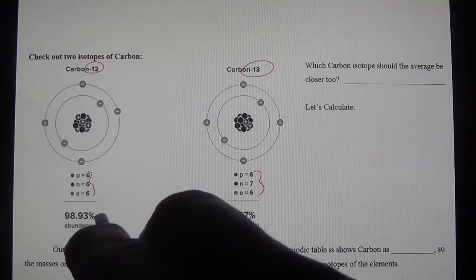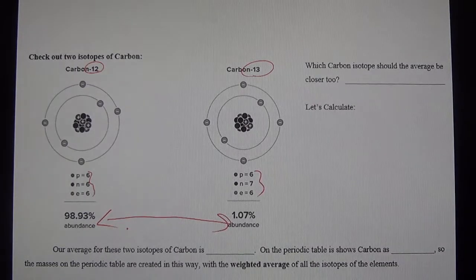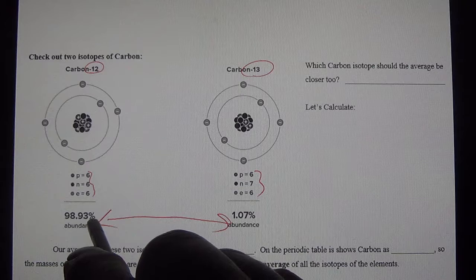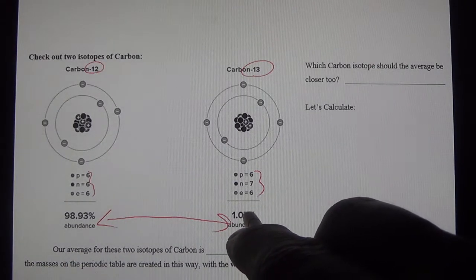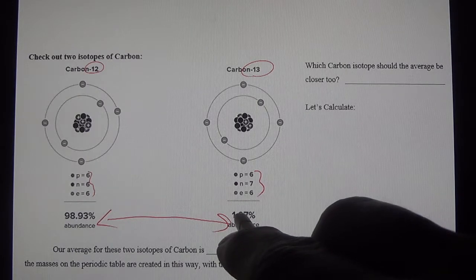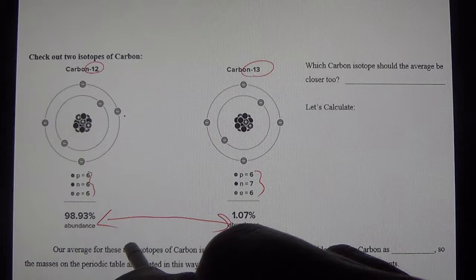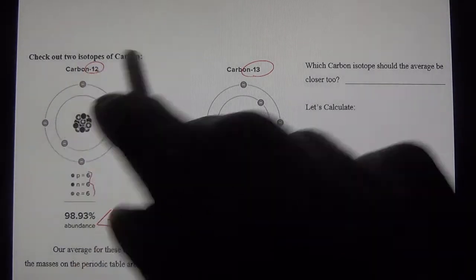Okay, here's what I want to draw your attention to. This one is almost 99% of everything that's carbon, and this one's only about 1% of everything that's carbon. So which one, 12 or 13, should the average end up closest to? By a lot. Hopefully you're saying 12.